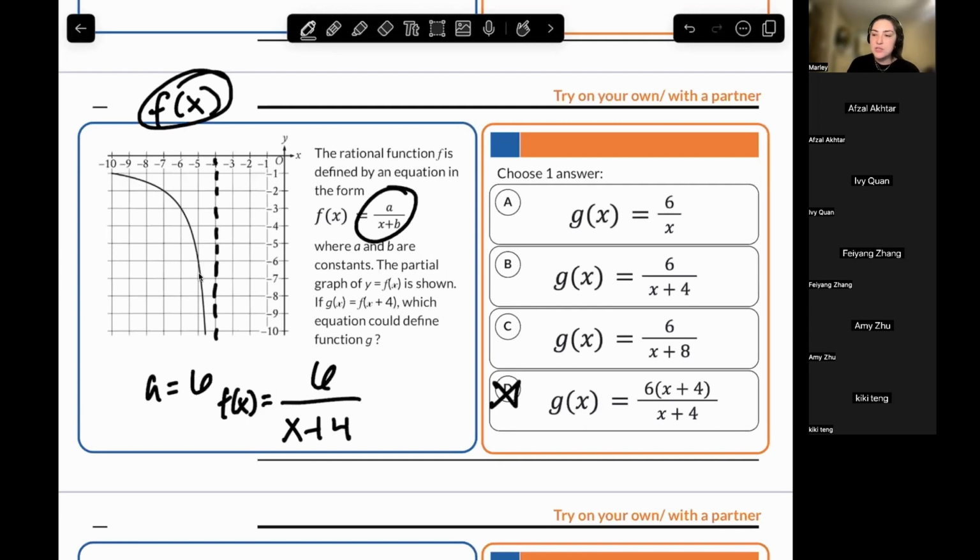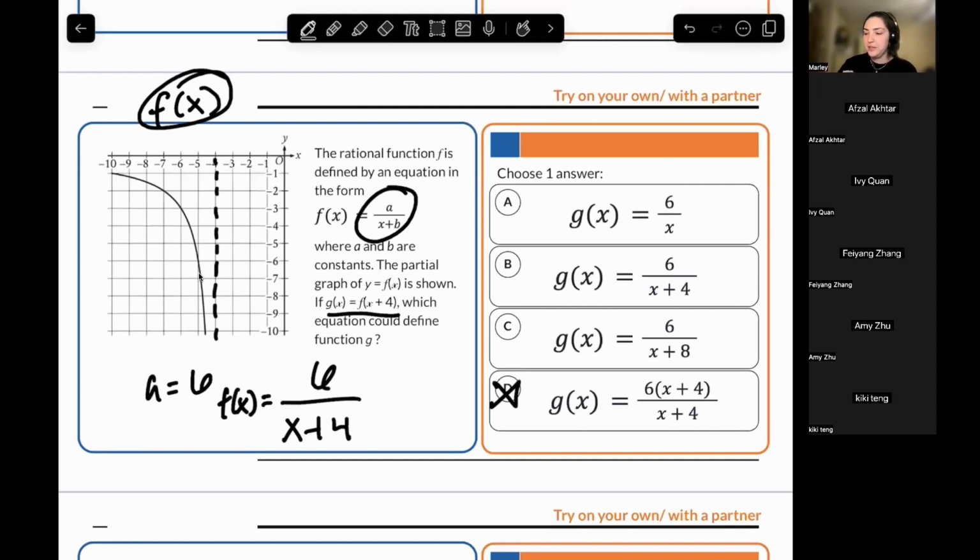So now they're saying g of x is f of x plus 4, right? So if I plugged in x plus 4, that's changing my answer choice to be what? Yeah, x plus 8.